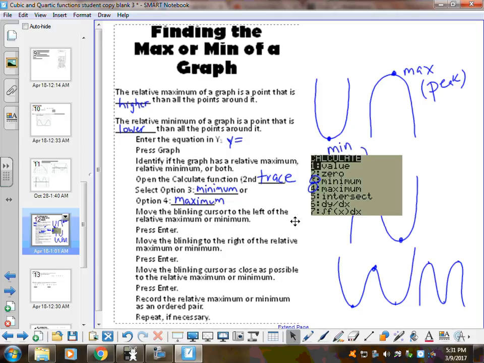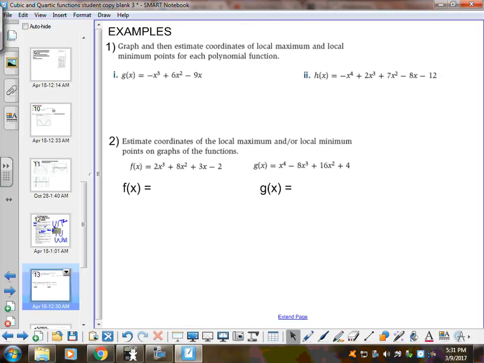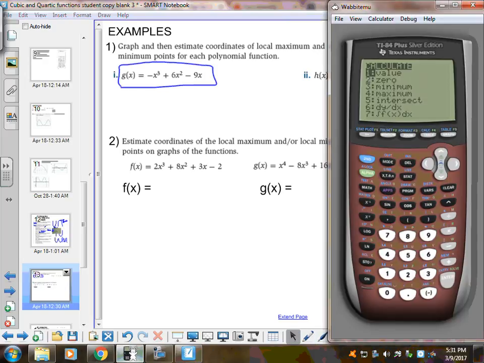Now I'm going to go through a real example of a minimum and a maximum. Taking the first one on the example, g of x, we're going to look at this one first. I'm going to put this in my calculator. Y equals is where I start because I said put it in your y equals first.